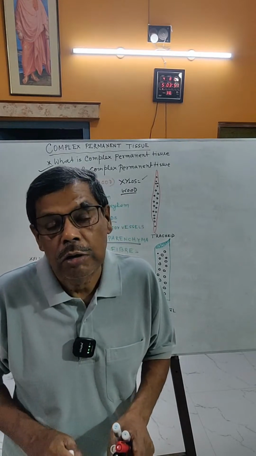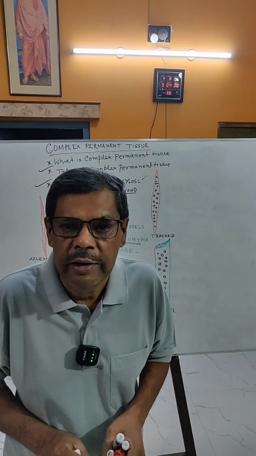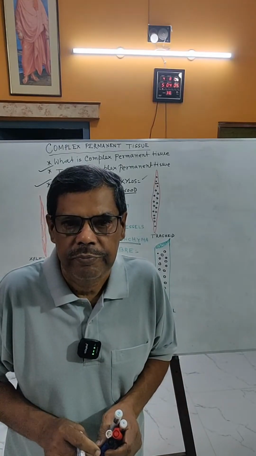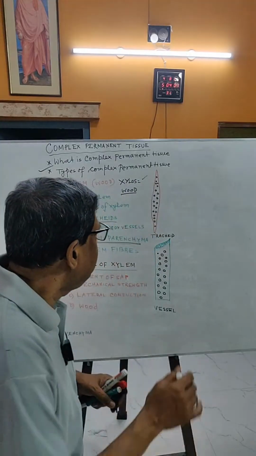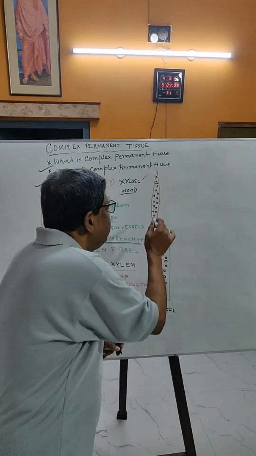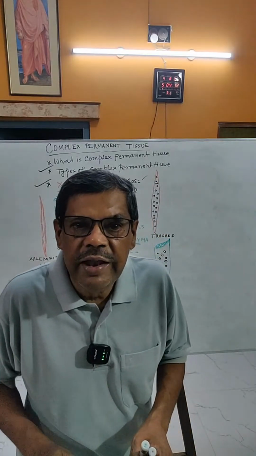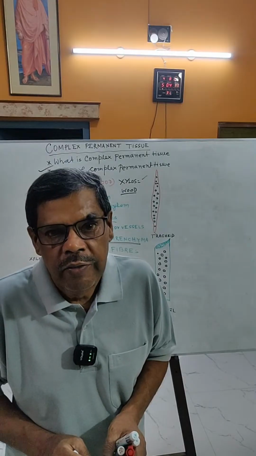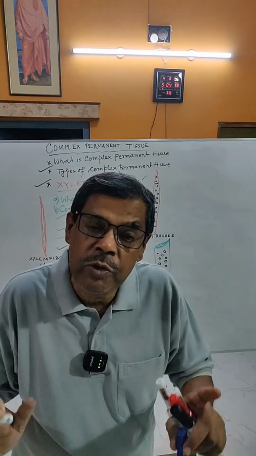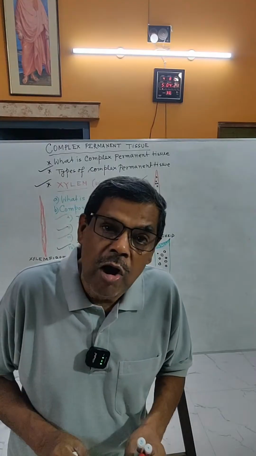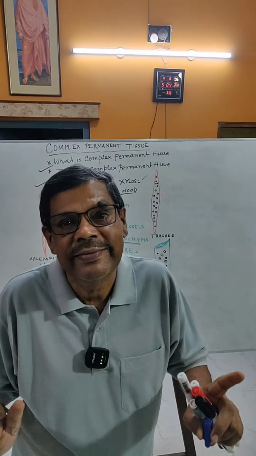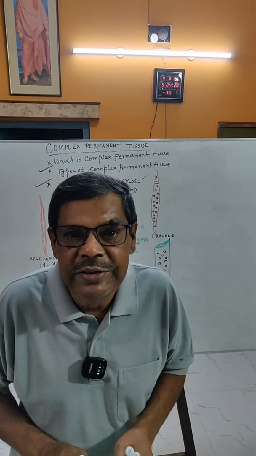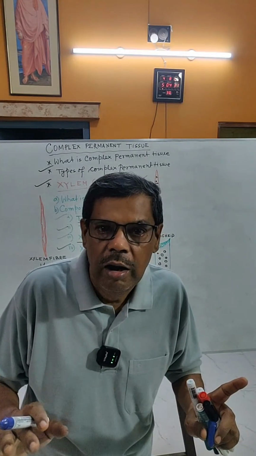The lumen is not too wide, but somewhat wide. On the wall there are several types of ornaments. Because of deposition of secondary cell wall materials, there are designs on the cell wall.